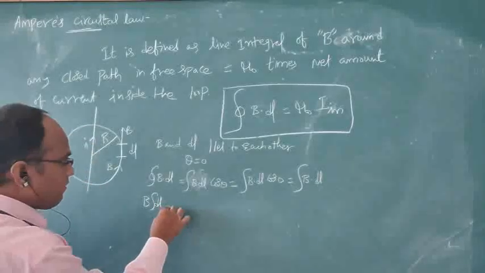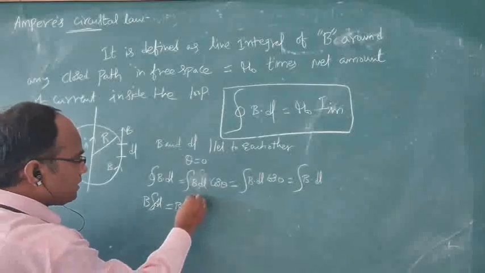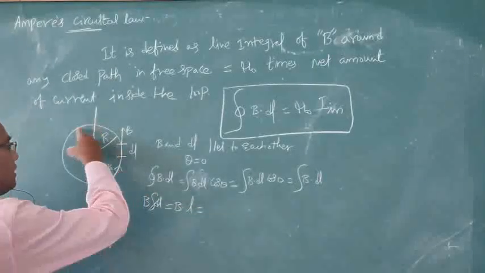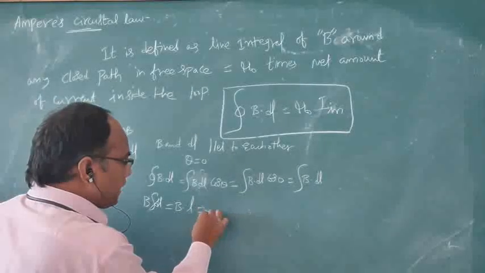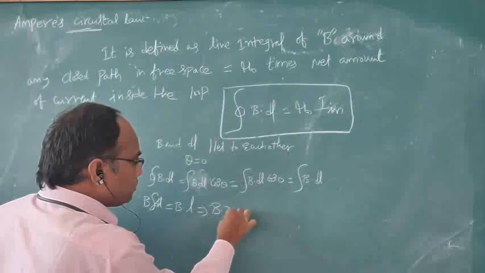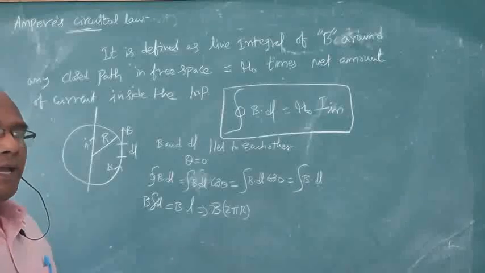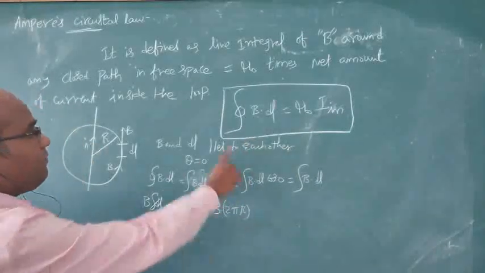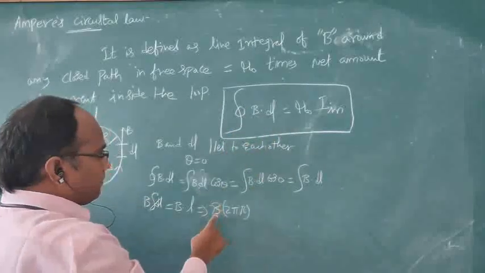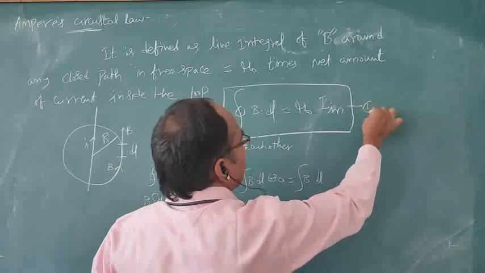Therefore the integral of dl is the length l, the circumference of the circle, which is 2 pi r. So the integral of B dot dl is nothing but B into 2 pi r. This is the definition we have studied.